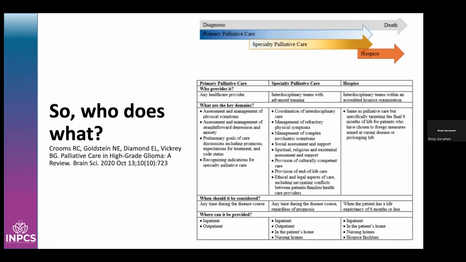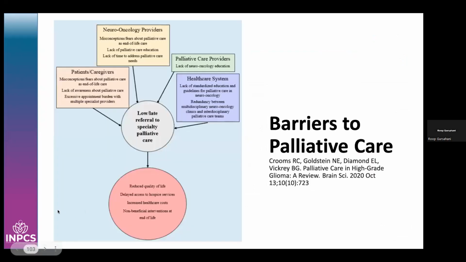And this sometimes, as I said, can be provided in a hospice even in India, and of course, can often be done in the patient's home. So, unfortunately, there are barriers, and we know them. The main barrier is that referral to specialty palliative care is usually late.